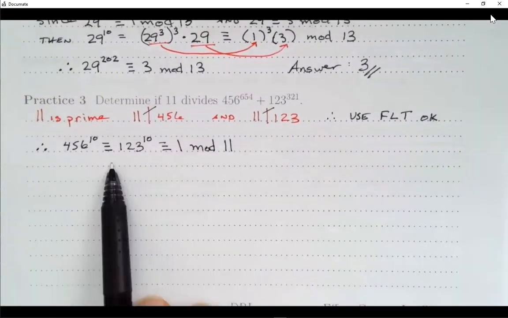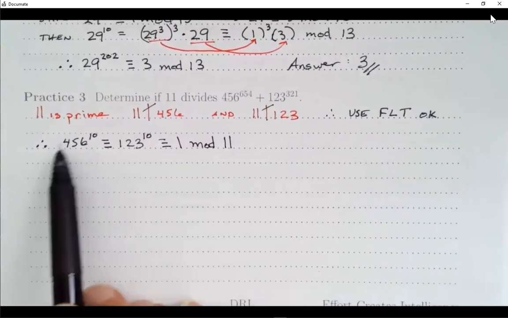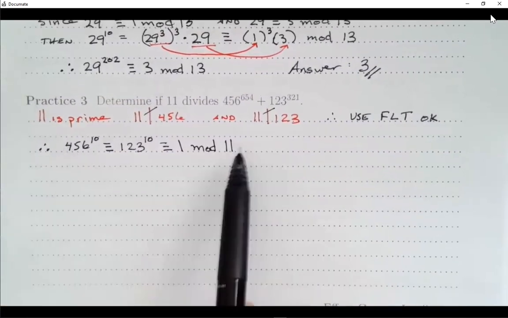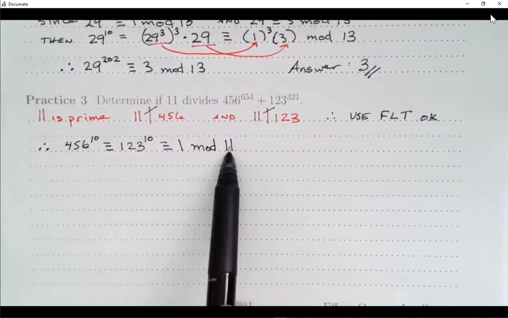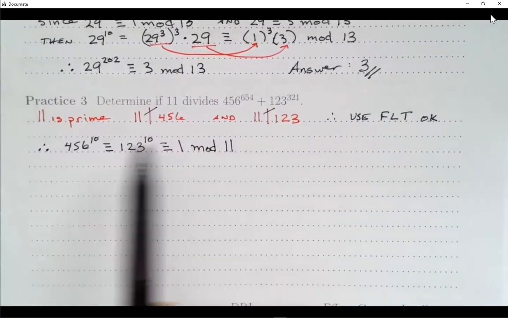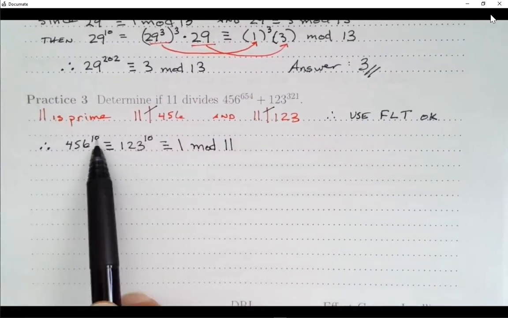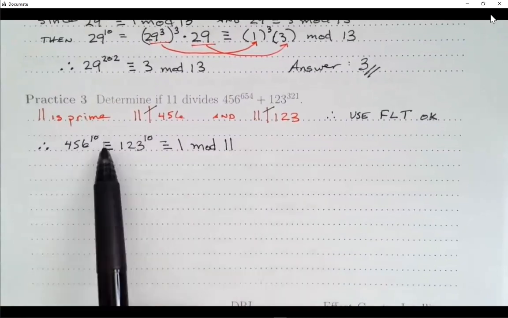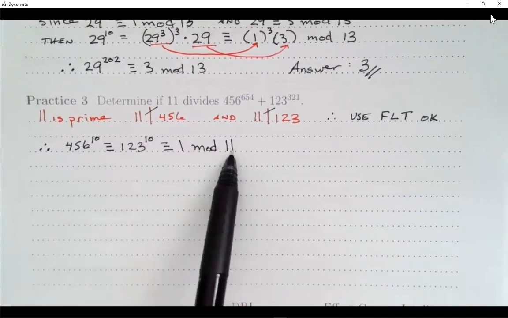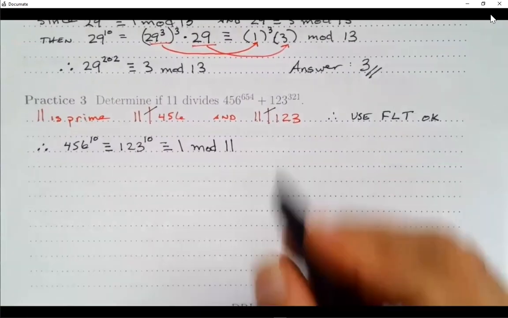Because Fermat's little theorem tells us that as long as this base and this modulo are relatively prime, then this base raised to the 11 minus 1 power will be equivalent to 1 modulo 11. That's Fermat's little theorem.